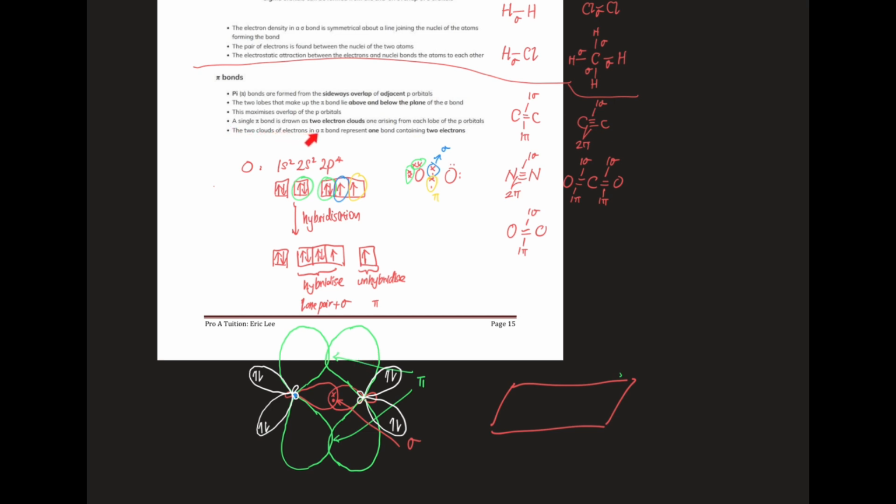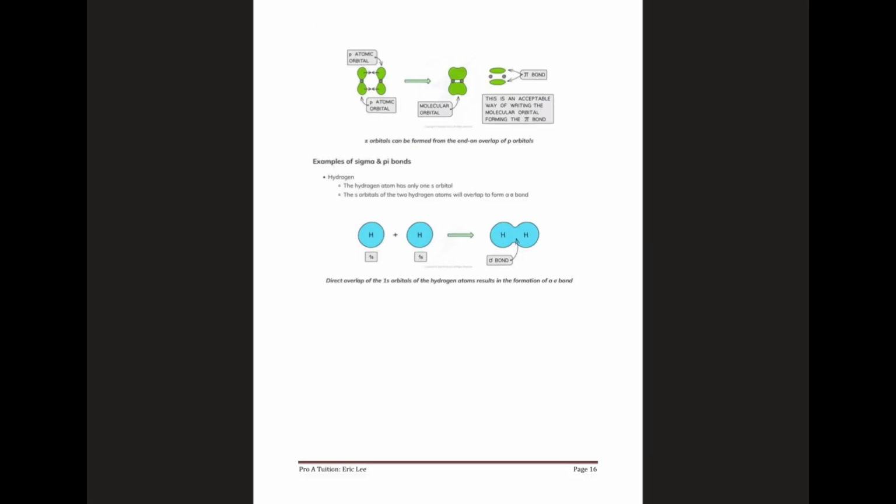The two clouds of electrons in a pi bond represent one bond containing two electrons. So two electron clouds, but only one pi bond. They are trying to say something like that. Okay, let's see the next page.